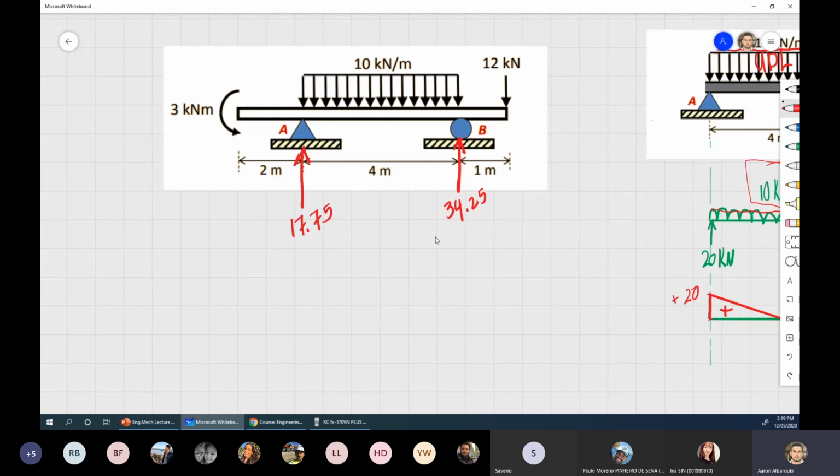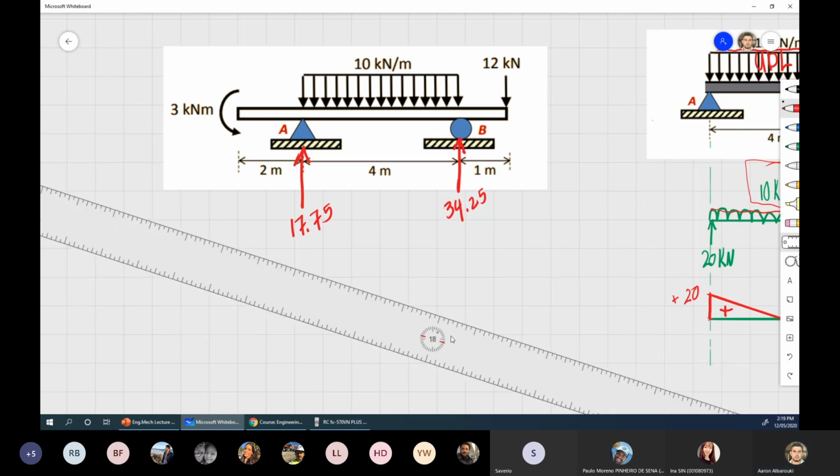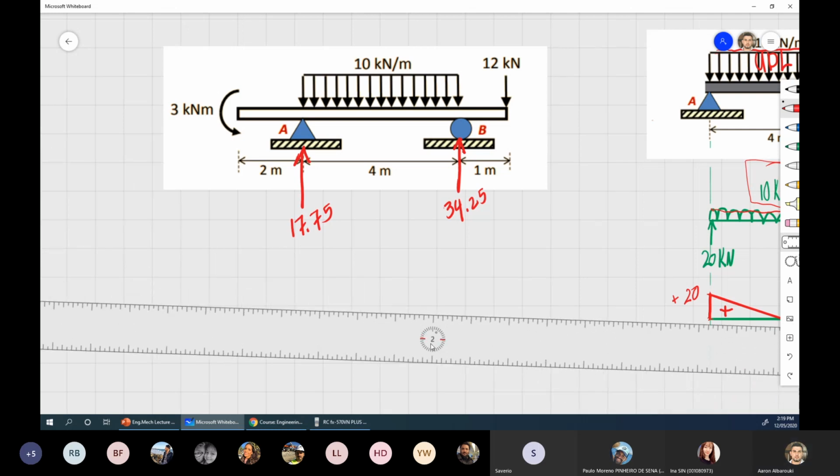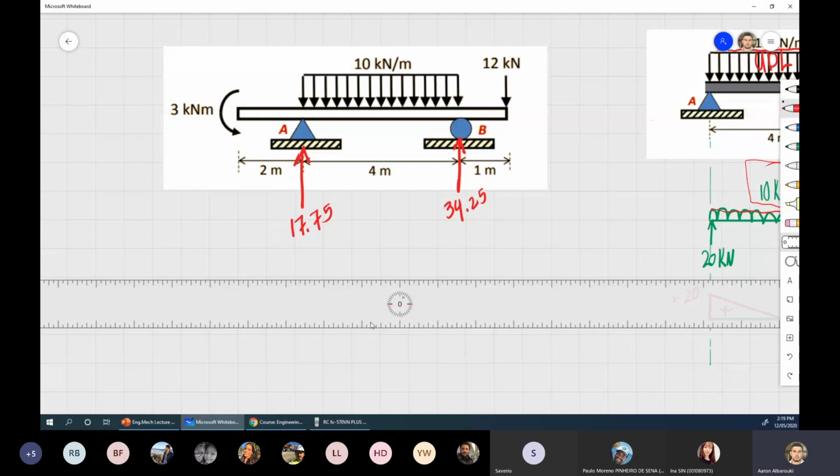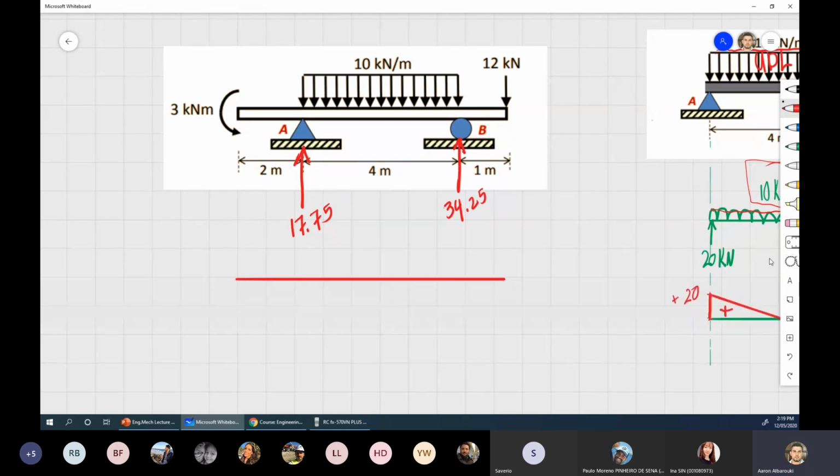Anyone want to start with that? Anyone tell me, first of all, if I draw the beam here, roughly from here all the way to about here. So what should I do first?